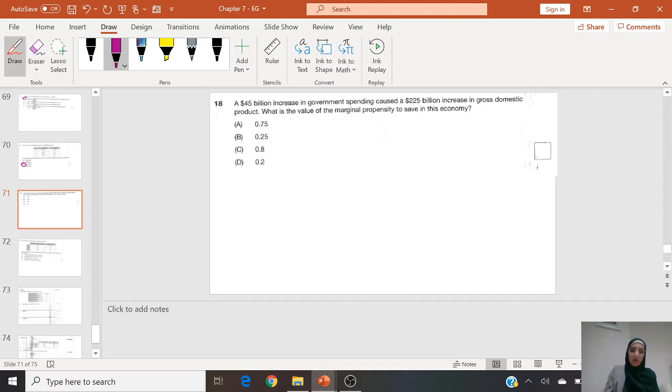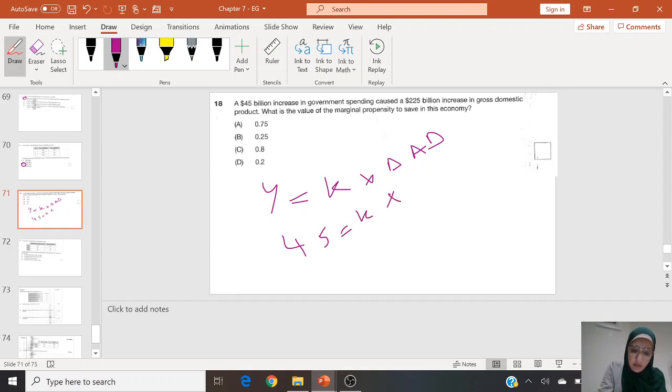All you've got to do is put the formula, which was change in Y equals k into change in AD, remember? So we know the change in Y over here, which is 225, and the change in aggregate demand, which is 45. We don't have k. What we get is k equals 225 over 45, which equals 5.